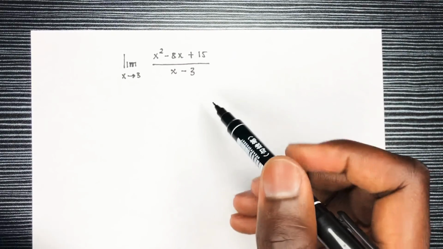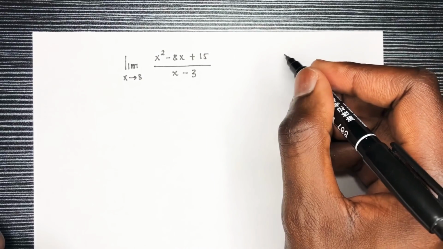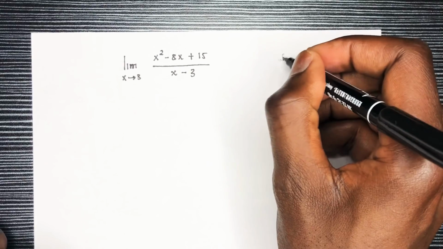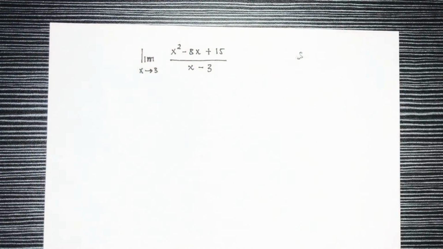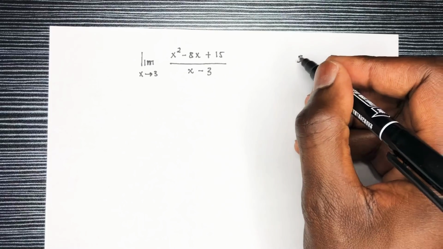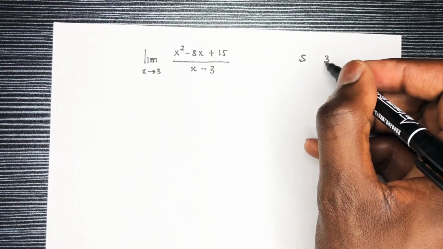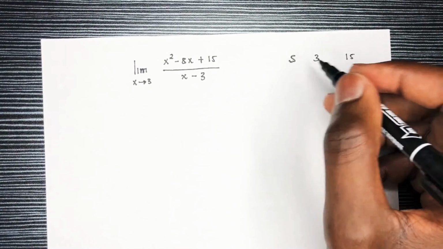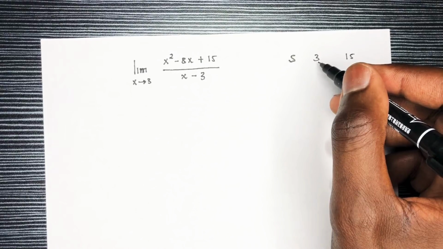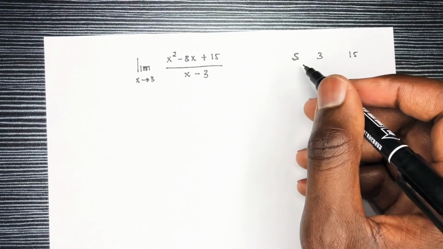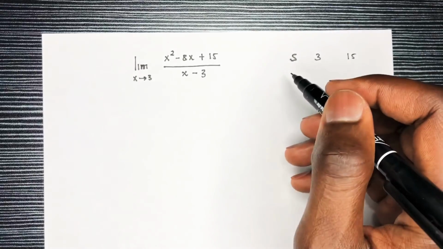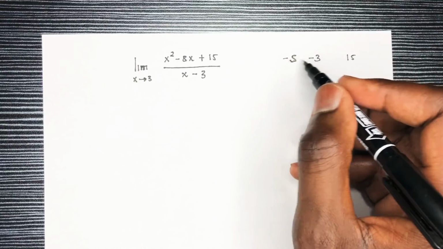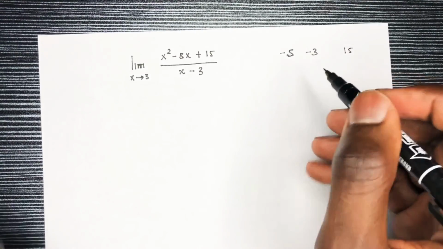If we multiply 5 times 3, it gives us 15. But if we add 5 plus 3, it's not going to give us minus 8, it's going to give us a positive 8. For that reason we have to make both numbers negative.